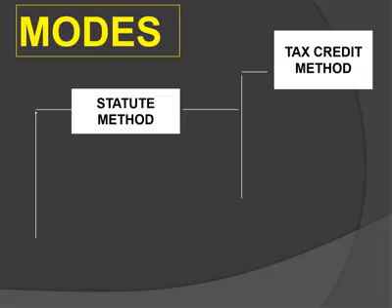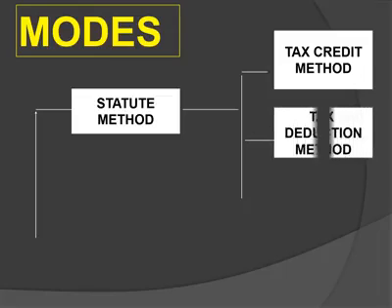That is if the taxpayer signifies in his return that he wants to avail of the tax credit method. Upon the other hand, there's another method provided under the tax code that is known as the tax deduction method. Under the tax deduction method, the taxpayer does not state in his return that he wants to use the tax credit method, and therefore in that case, he could use the foreign taxes paid as a deduction from his gross income in order to arrive at income subject to tax.